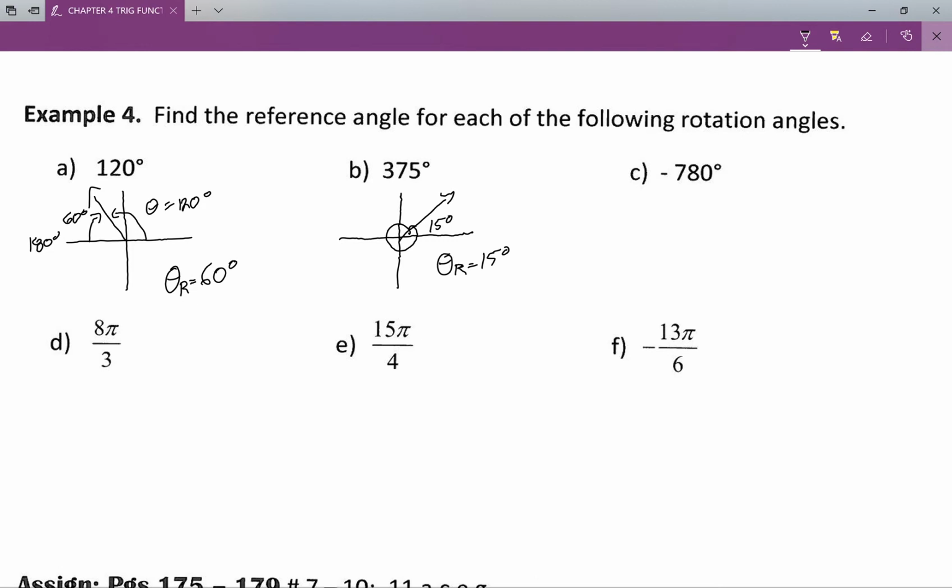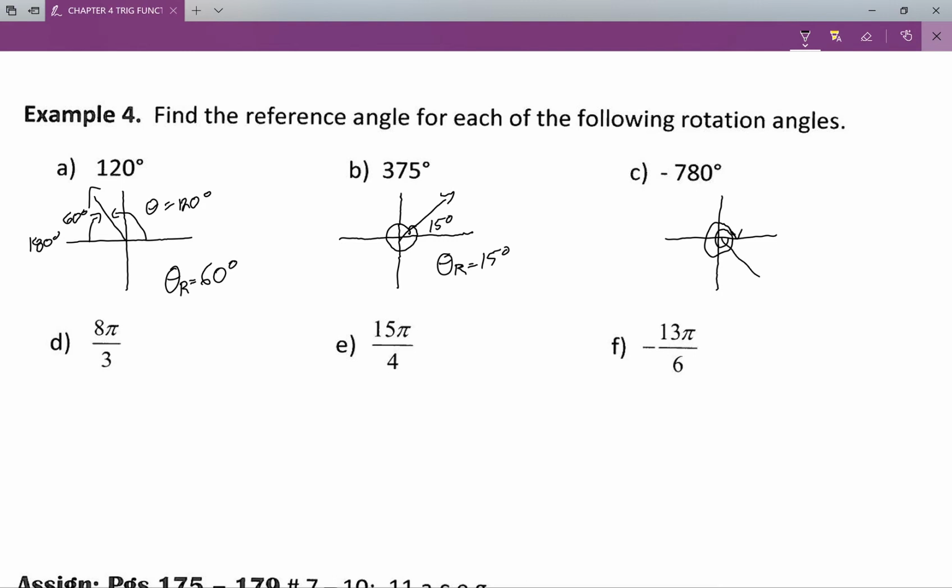Negative 780 degrees. Well, that gives me one backward circle, two backward circles. And if we just quickly go negative 780 plus 360 plus 360, that leaves us with negative 60 degrees.